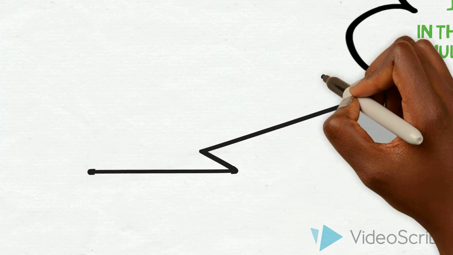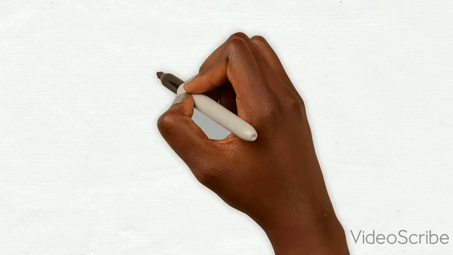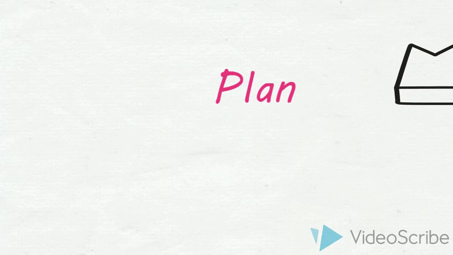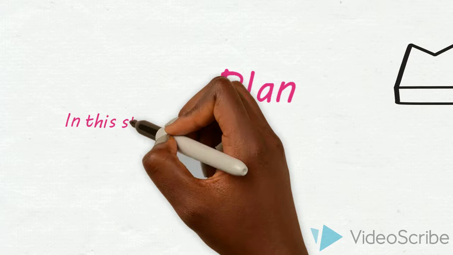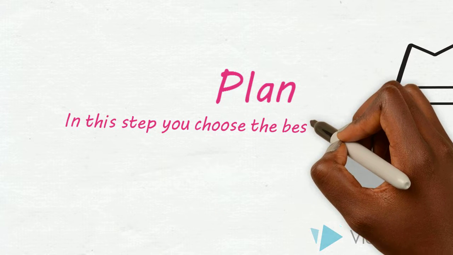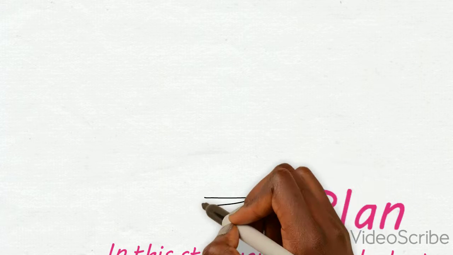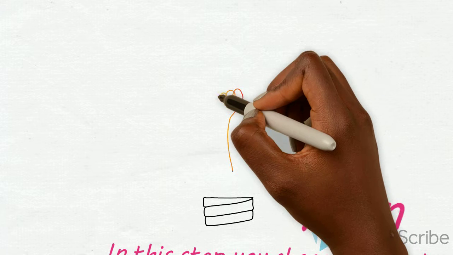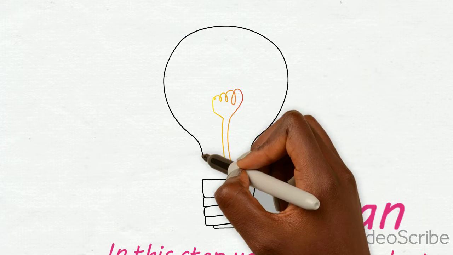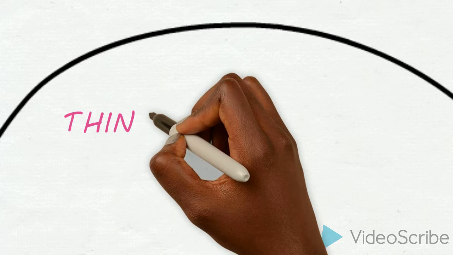After you have done all those sketches, then you're going to sit down and plan. This is where you're going to pick the best solution of all the things you have brainstormed. You're going to think about a couple of different questions in this step as well. What's reasonable given your time, tools, and materials, and does your solution meet the criteria for success?